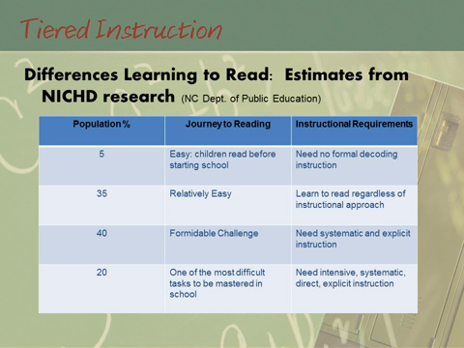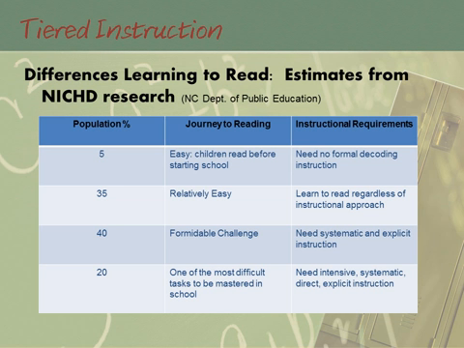Systematic and explicit instruction can still be delivered in the classroom through tiered instruction by a very skilled teacher. But you can see from this chart, if we add up the numbers 5, 35, and 40, we have 80% of our students who have a good chance of being reached academically and instructionally through something like tiered instruction.